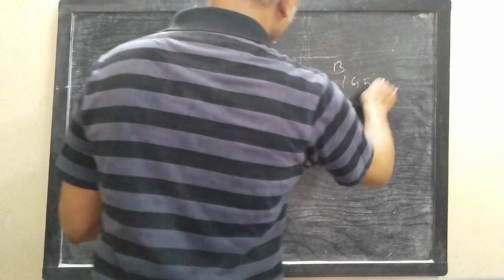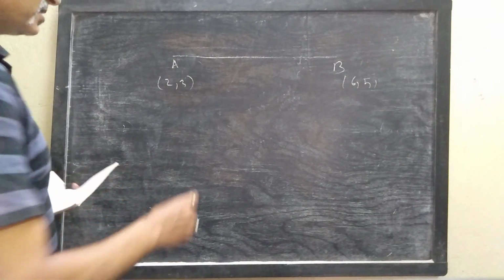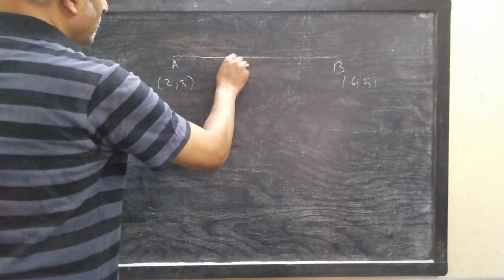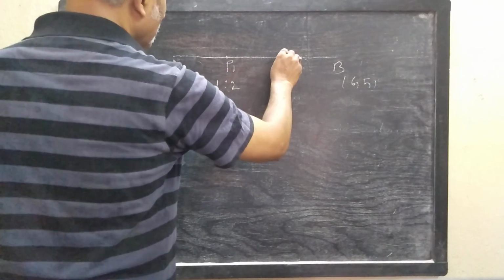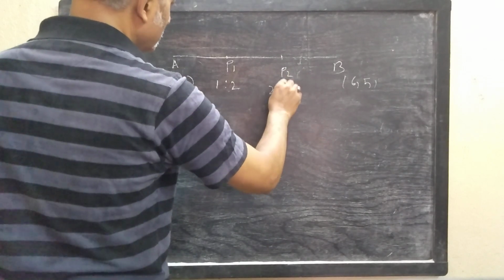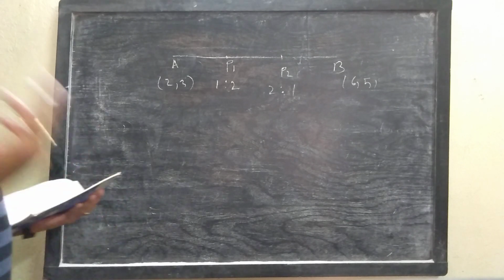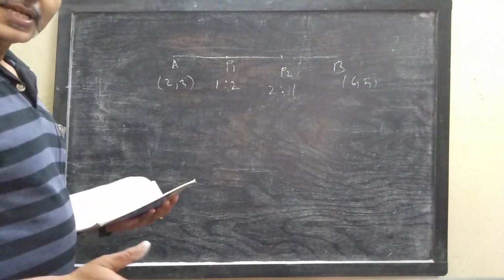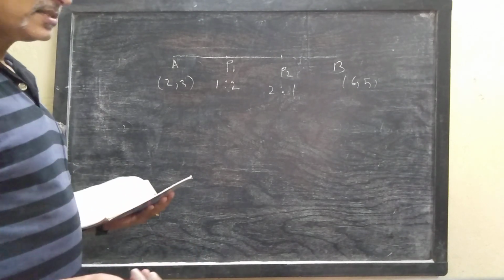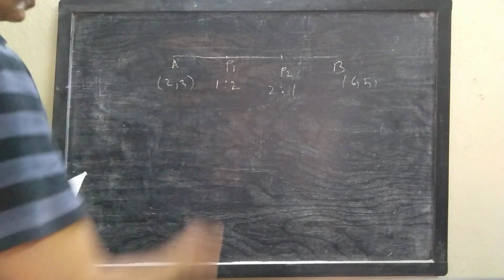Point B has coordinates (6, 5). We know for every line segment there exist 2 points of trisection. Say this is P1, it divides AB internally in the ratio 1:2, and this is P2. This divides AB internally in the ratio 2:1. So every line segment has 2 points of trisection, one divides it internally in the ratio 1:2, and another divides it internally in the ratio 2:1. So here you have to find the coordinates of both the points.